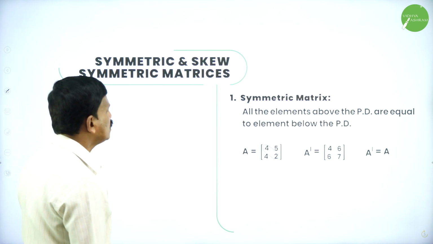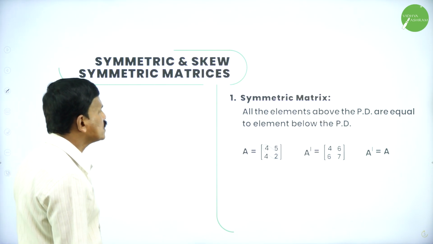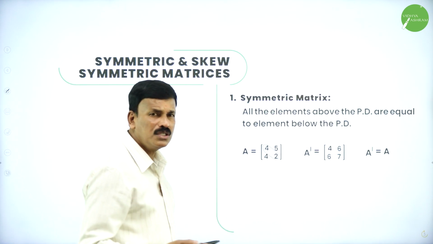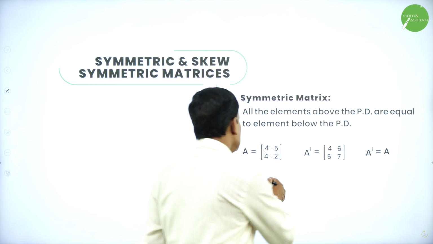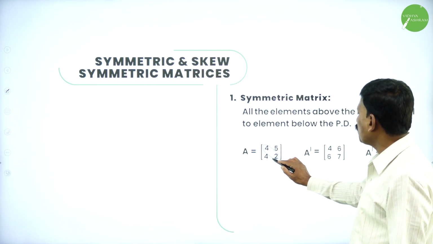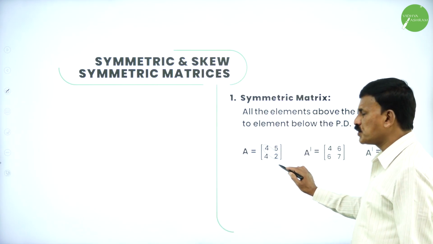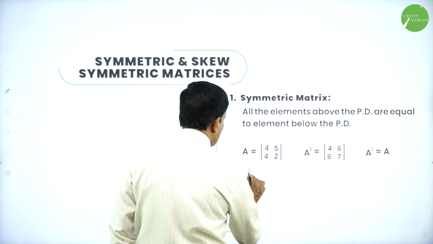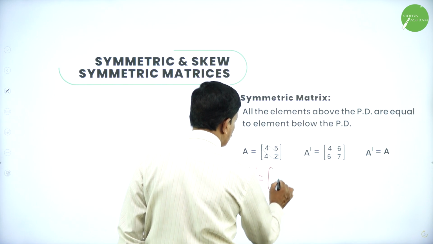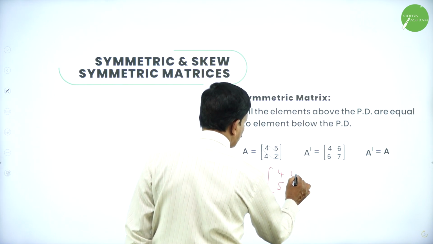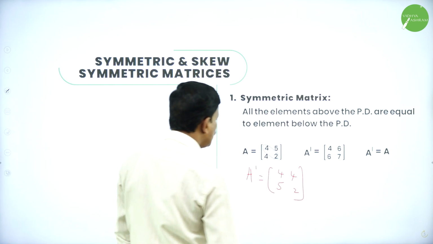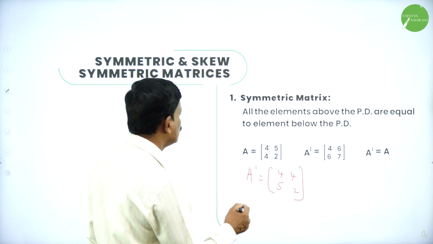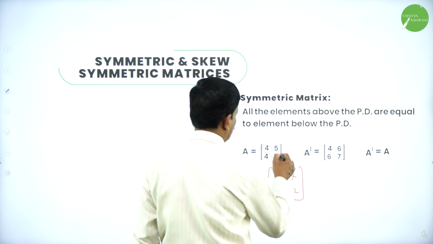Now, let us take one more example. All the elements above the principal diagonal are equal to elements below the principal diagonal. Suppose I take A is equal to 4, 5, 4, 2, then transpose this. A dash is equal to 4, 4, 5, 2.